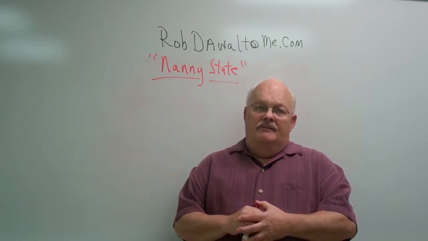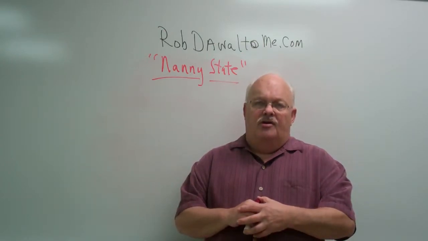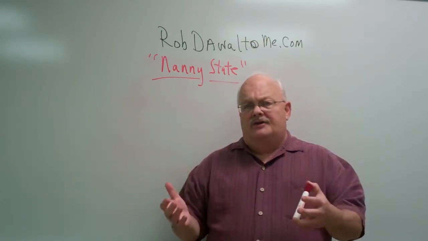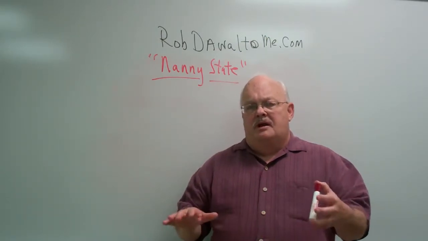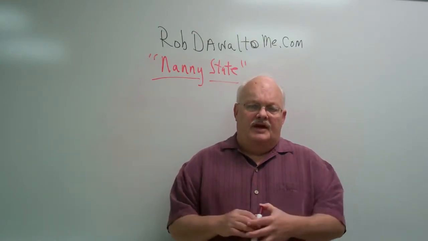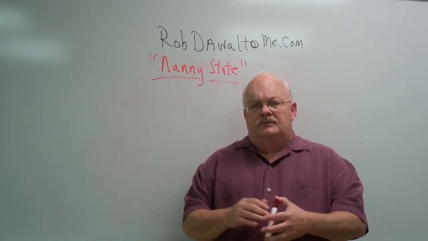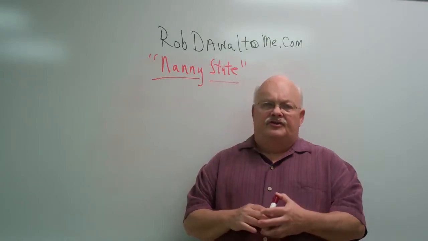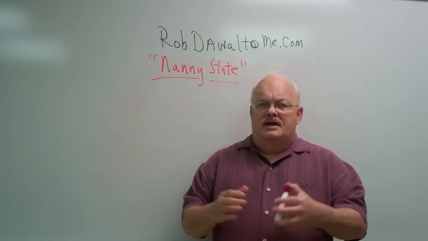But these different kinds of entitlement programs and Social Security have been developed in order to have a type of safety net so people will have at least a minimum amount of income that they can use throughout their life. One of the things that a lot of people get confused about when we talk about Social Security is they say, oh, the government borrows the money and then they never pay it back.